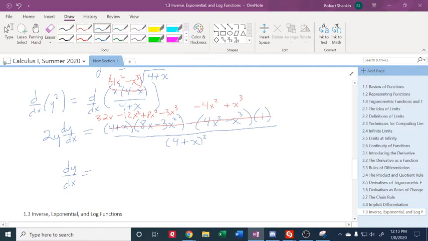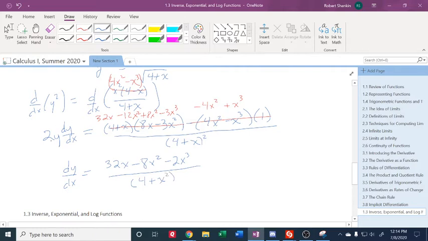Alright, so the 32x doesn't have any like terms. Minus 12x squared plus 8x squared is minus 4x squared. And another minus 4x squared makes minus 8x squared. And then I have this minus 3x cubed plus 1x cubed is minus 2x cubed, over 4 plus x squared.